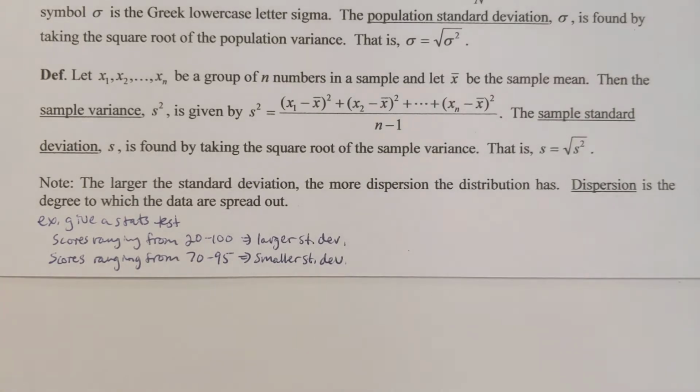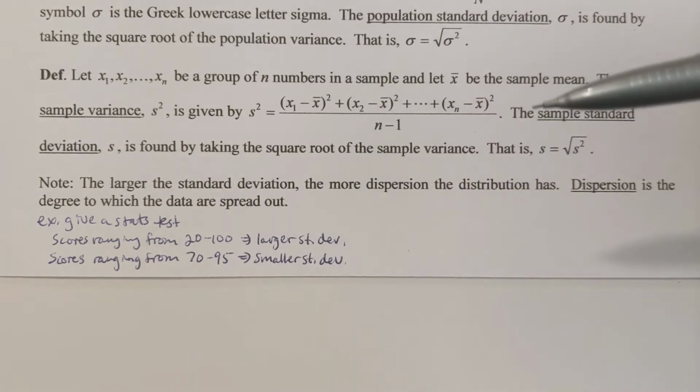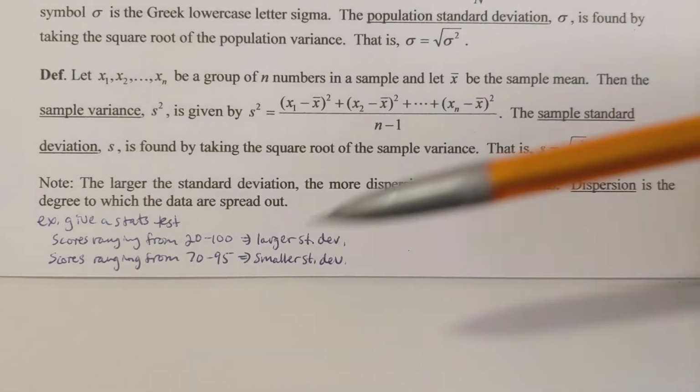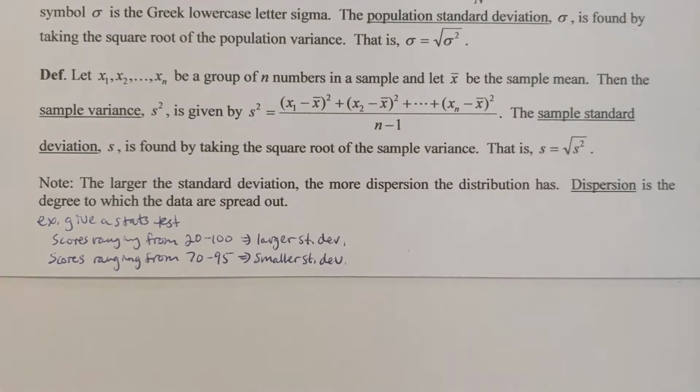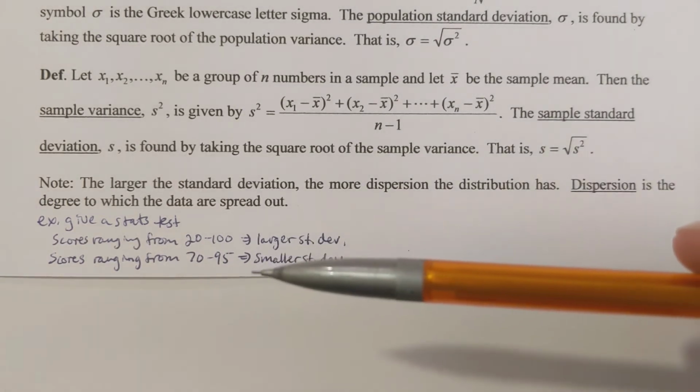As an example, suppose I give a stats test to 30 kids, and scores are ranging from 20 to 30. Now if I compute the standard deviation, by the way, that's always going to be some non-negative number. Suppose I give the same test again, but this time to a group of 30 different people, and this time scores range from 70 to 95.